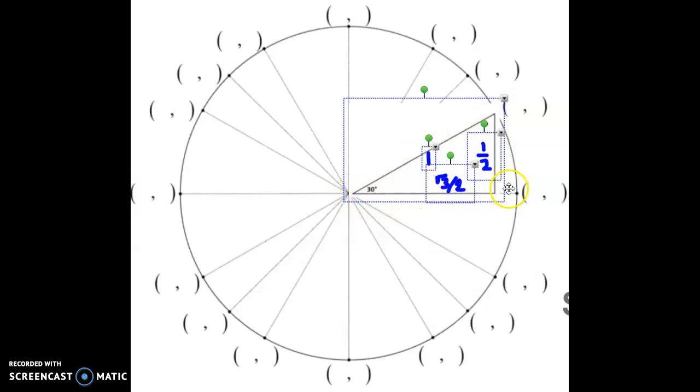The x value here is square root of 3 over 2, so you fill that in. And the y value of that point right there is 1/2.